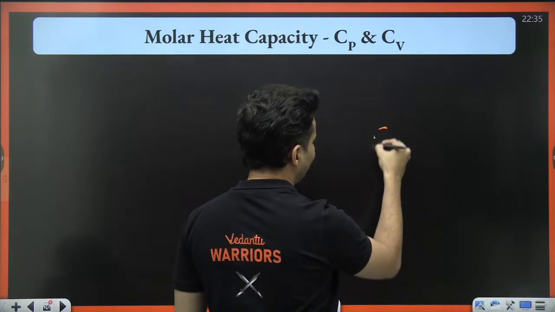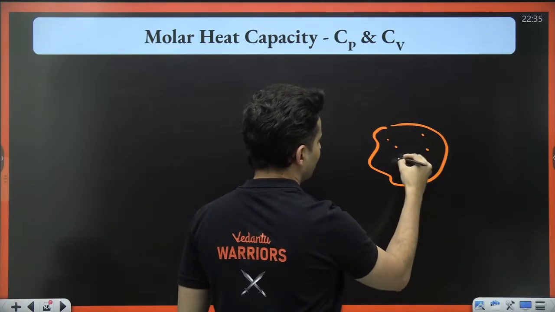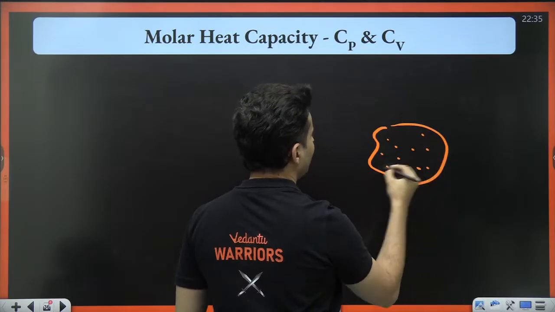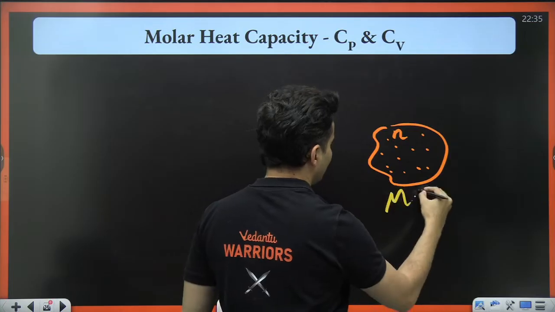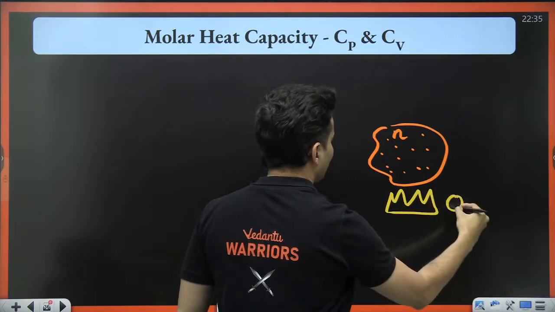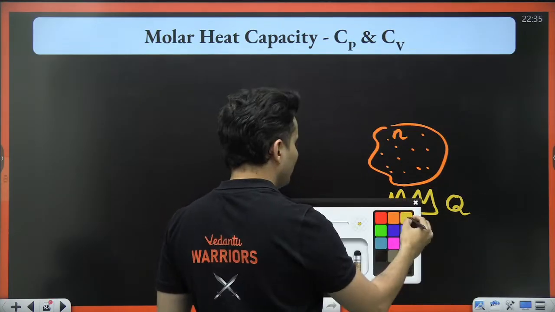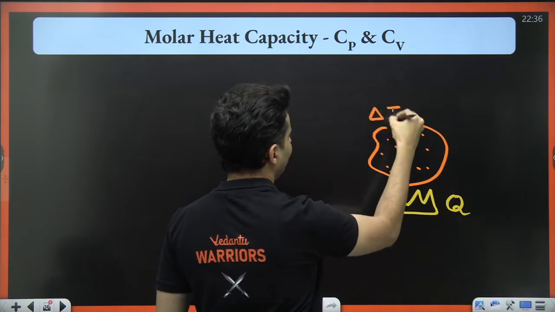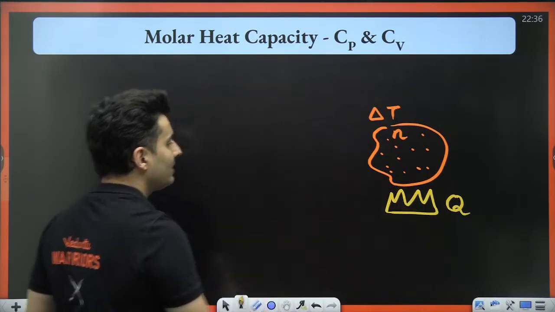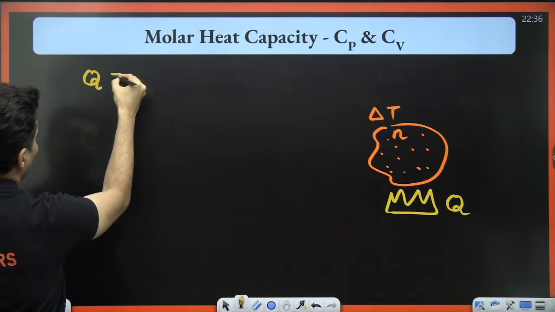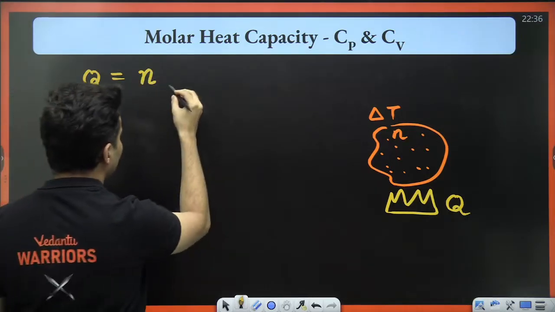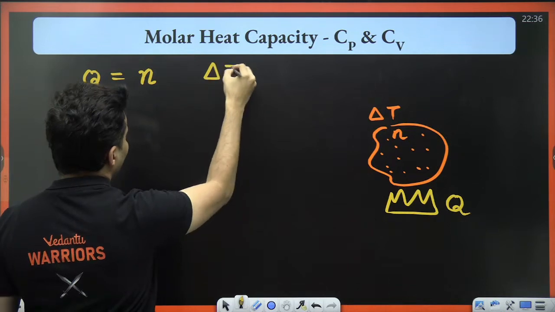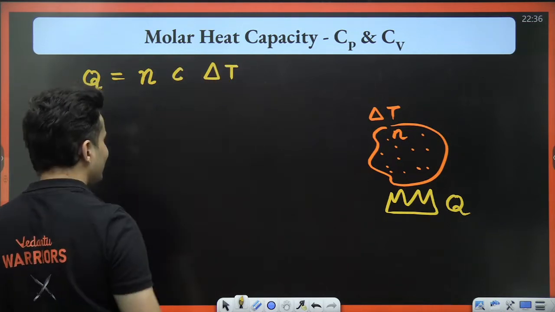So if you have a gas, and the number of moles is N, and you heat the gas by giving it Q amount of heat, and you see that the temperature changes by delta T, then I will say that the Q value is, instead of M, it will be N, number of moles, and delta T will be there. And here I will use the symbol C.